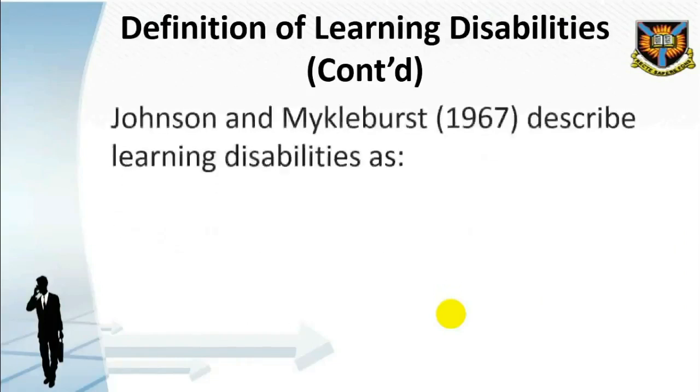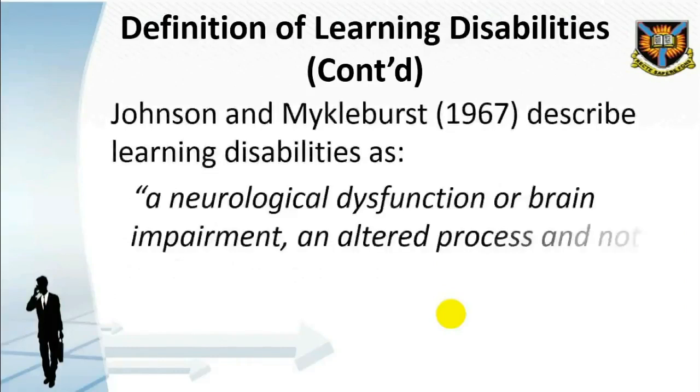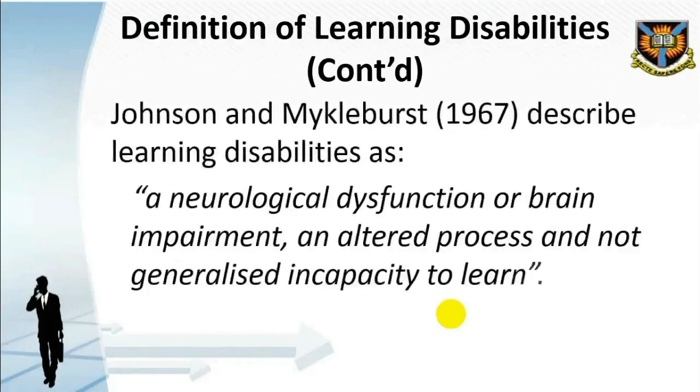Johnson and Myklebust, 1967, described learning disabilities as a neurological dysfunction or brain impairment, and altered process, and not generalized incapacity to learn.